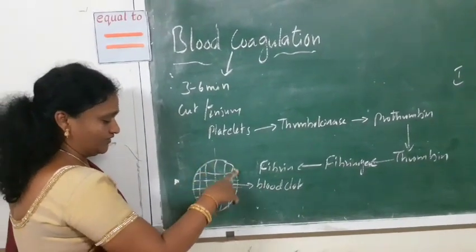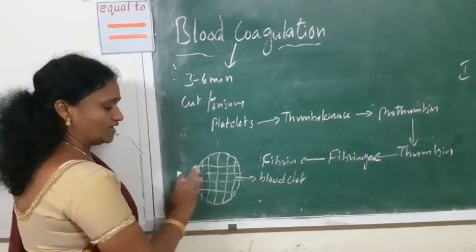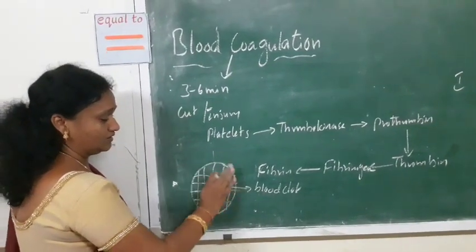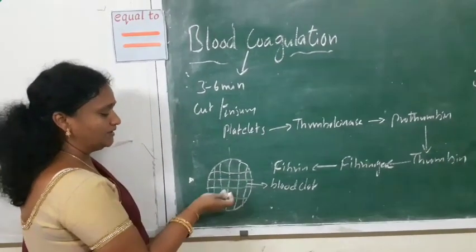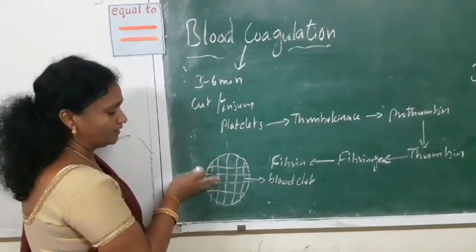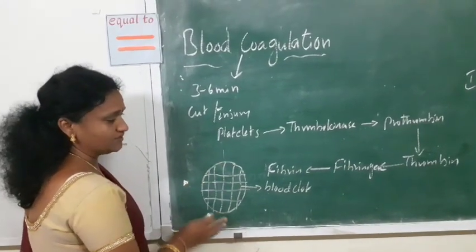They attach one to the other and form a network or mesh-like structure on the surface of the cut. Along with that, the platelets entangle here and do not allow even a drop of blood to come out of the body. This is called blood coagulation.